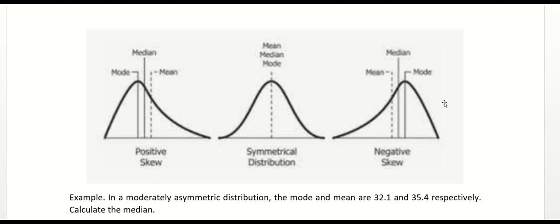Or it can be right hand side skewed, depending upon the marks of the students. So if you divide this curve from center, maybe this positive skew or negative skew, the left hand side and right hand side would not be same, as we can see in the graph. So this one, positive skew and negative skew, is called asymmetric data, and the central one is called symmetric data, right?